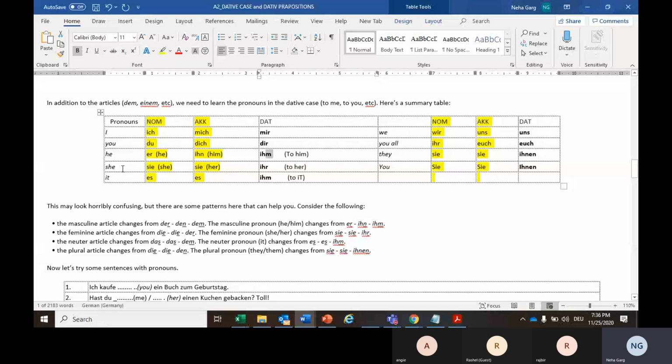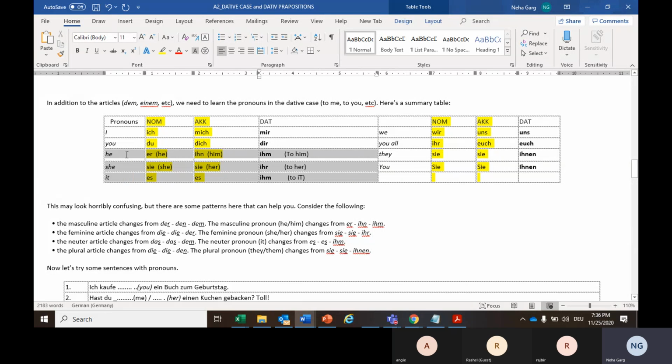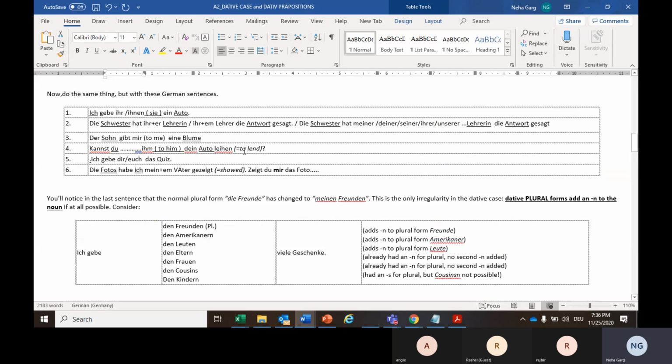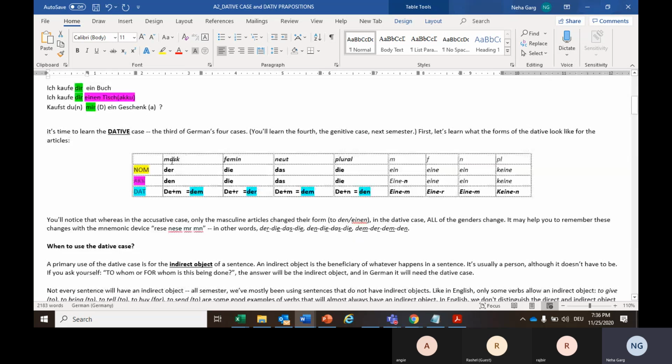Then for sie, we have sie and ihr, es and ihm. Now, if you see these three highlighted categories, basically he, she, it, you will be easily able to relate these three pronouns with this table, masculine, feminine and neutral, because the ending is the same.